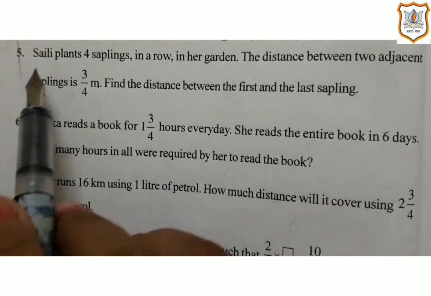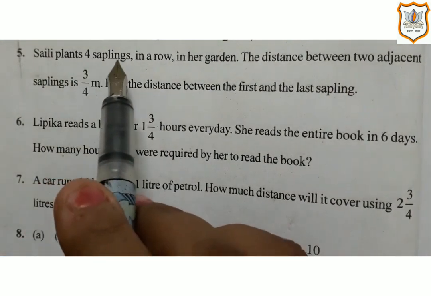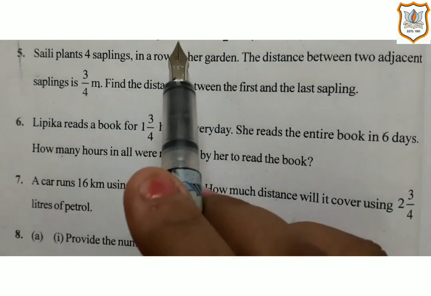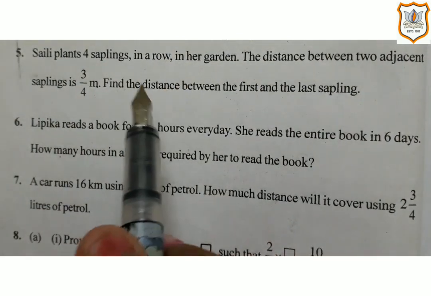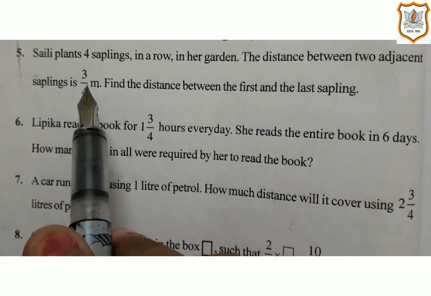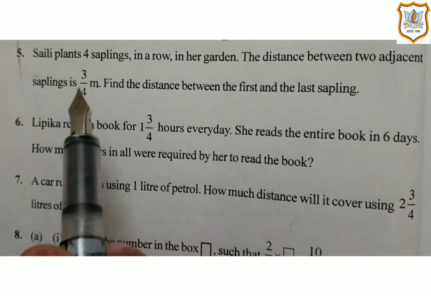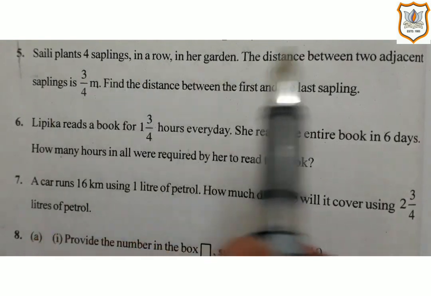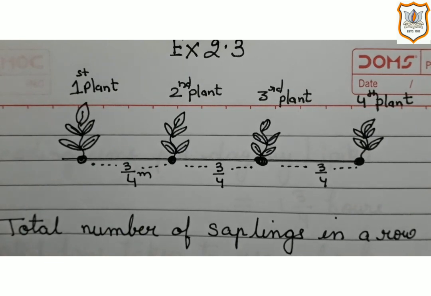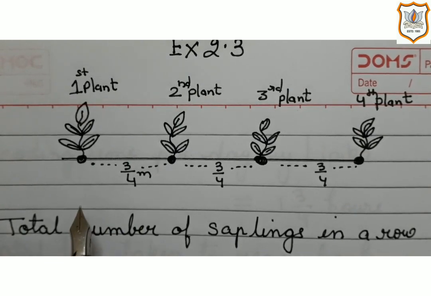It means Sally planted 4 saplings. 4 saplings means 4 small plants in a line in her garden. Distance between the two saplings is 3/4 meter. You have to find the distance between the first and the last sapling. Students, look at this picture carefully.